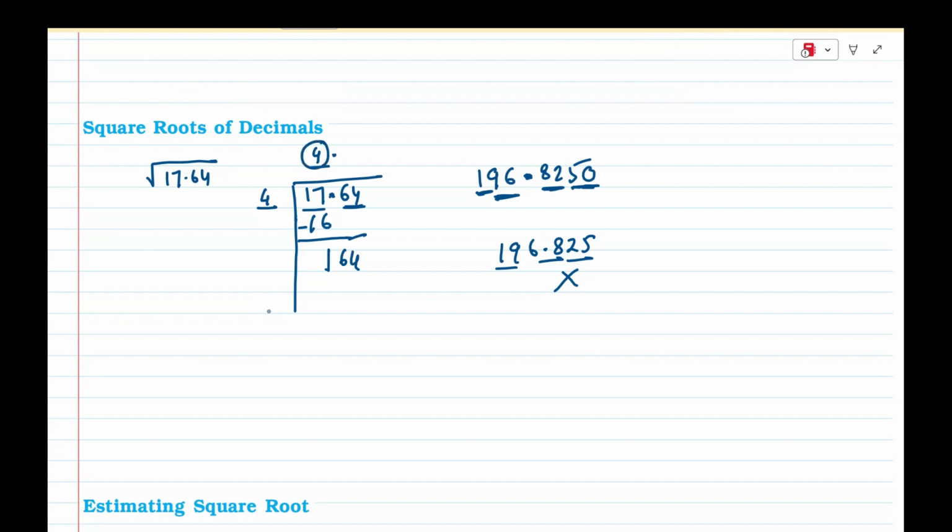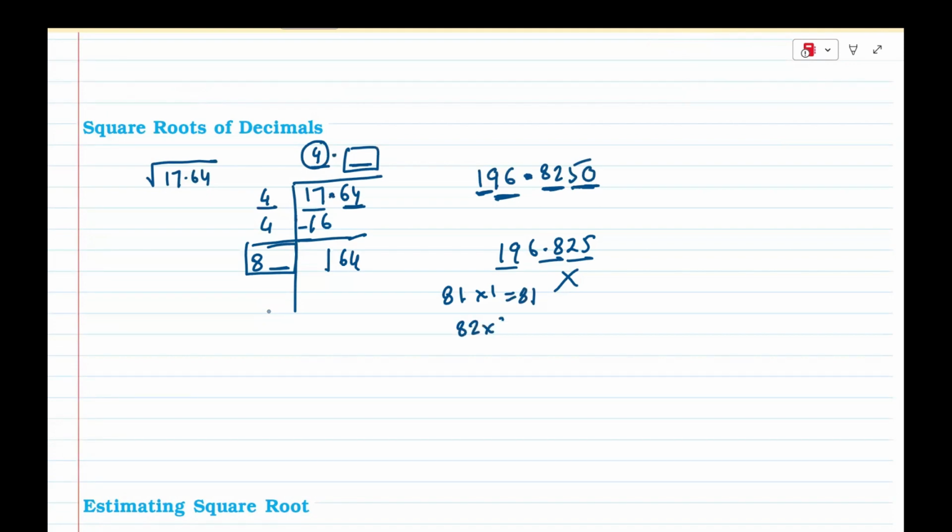Now this number I need to add here and I'm getting 8. Again, make a box here and here. Write a value such that the multiplication of these two with this last number should not exceed 164. So we need to do it by trial and error. This is 8. I can substitute 1, which gives me 81.